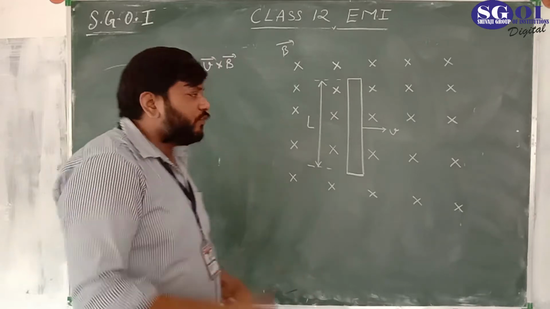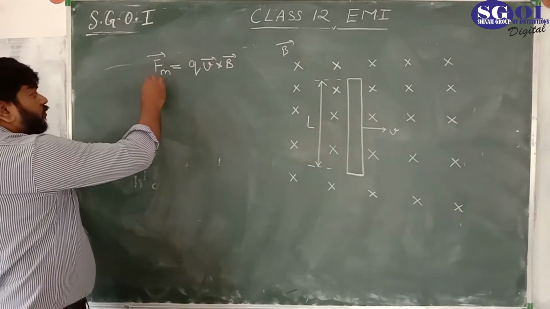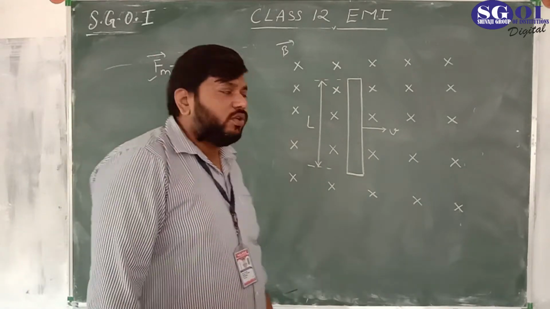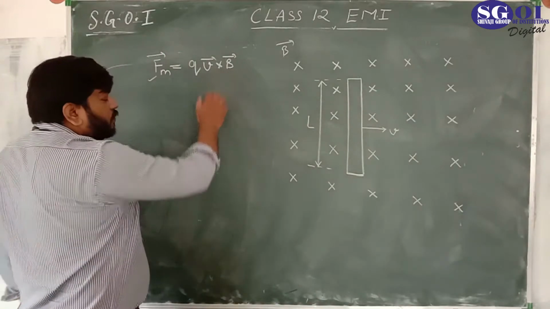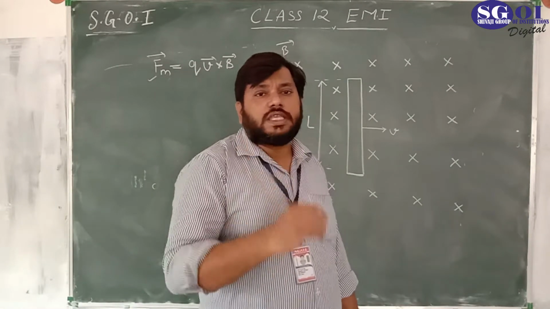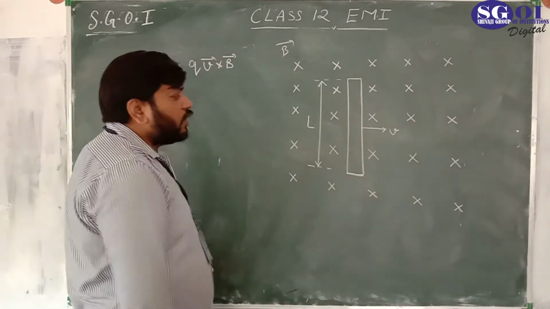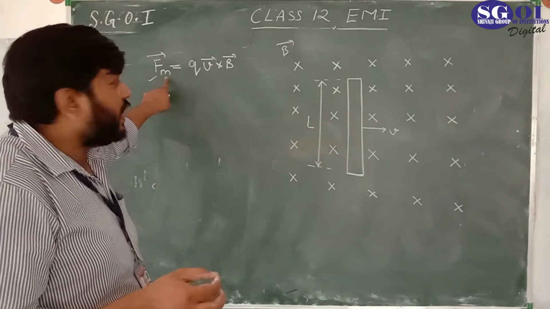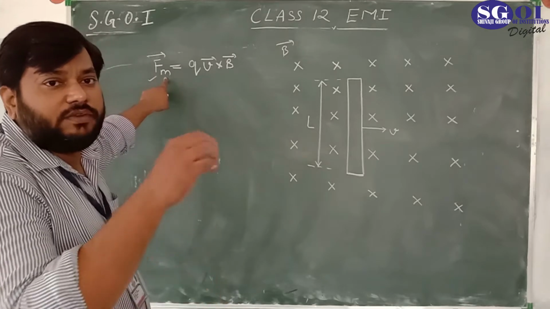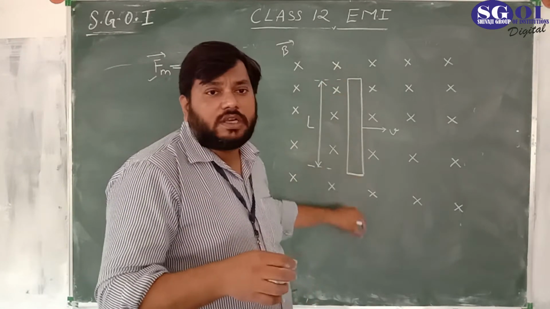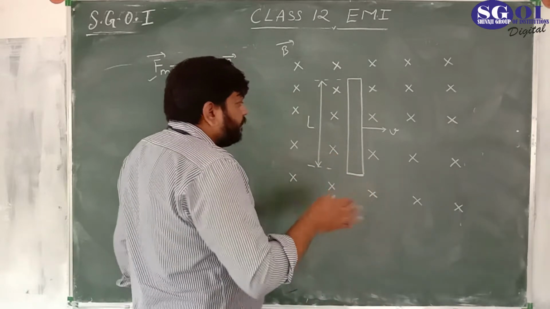Now we have to find the direction of the force, and I have already told you that whenever there is a cross product, you have to apply the right hand rule, and there are four cases. So let's apply it to see in which direction the magnetic force, that's why I am writing Fm, would act on each electron.